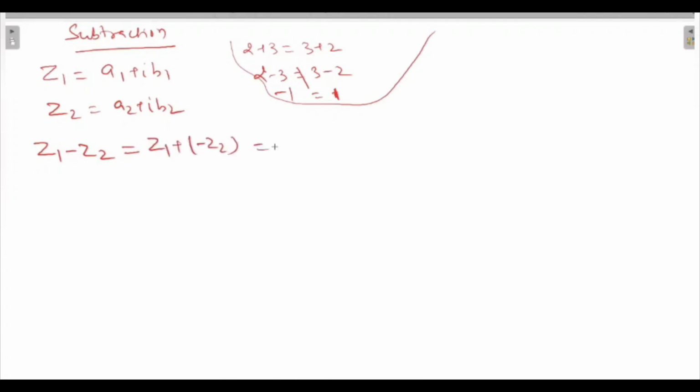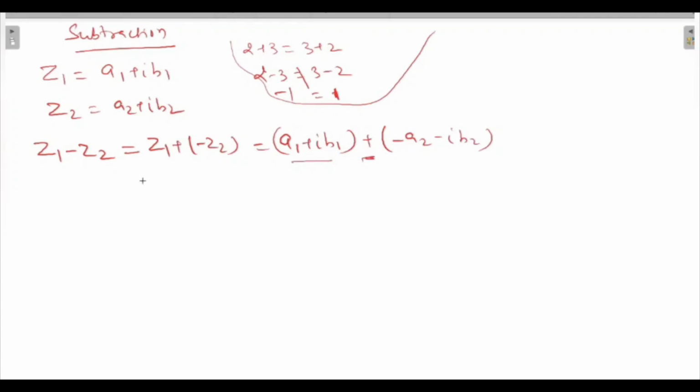What I mean here is that it is going to be a1 plus ib1, and this minus z2 is going to be minus a2 minus ib2. And once I have this as plus here, all the rules which I have learned for addition will apply here.